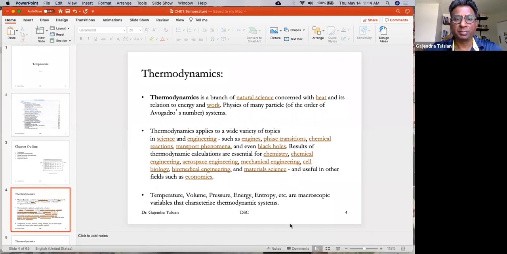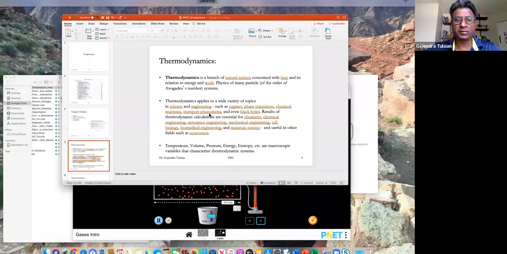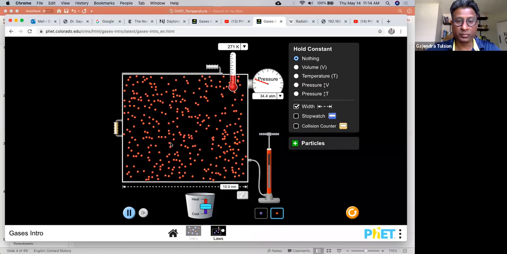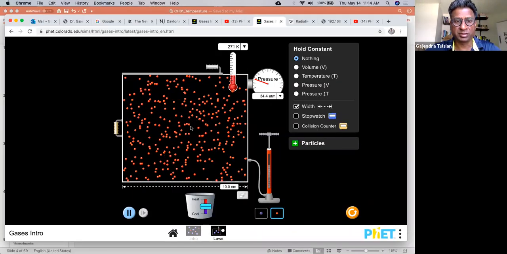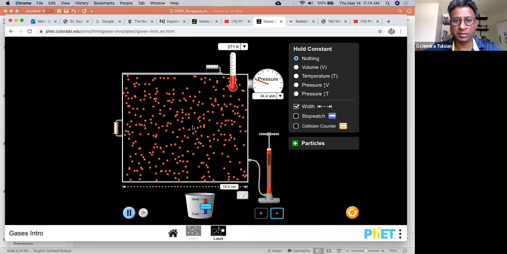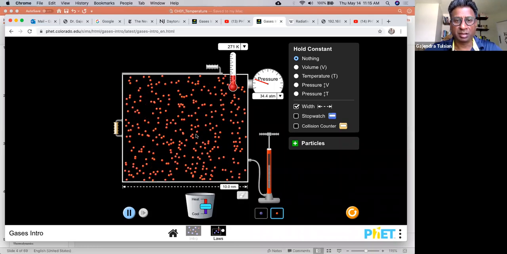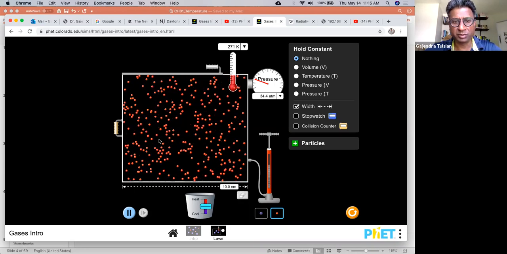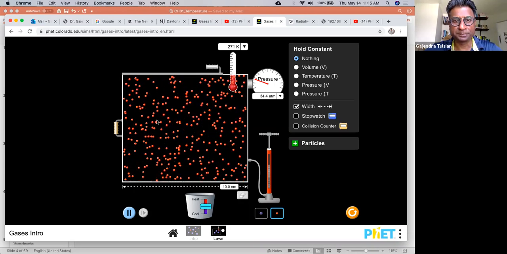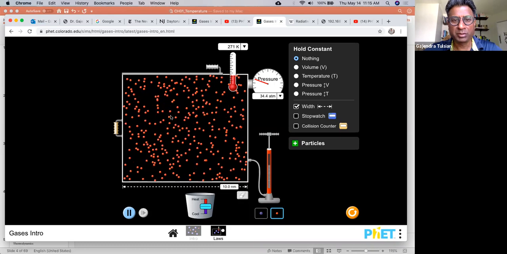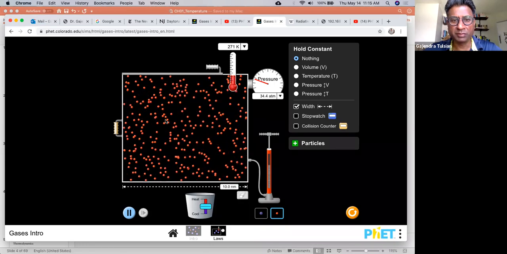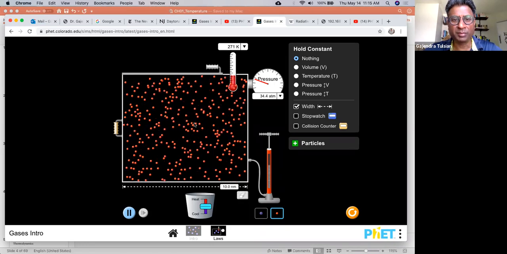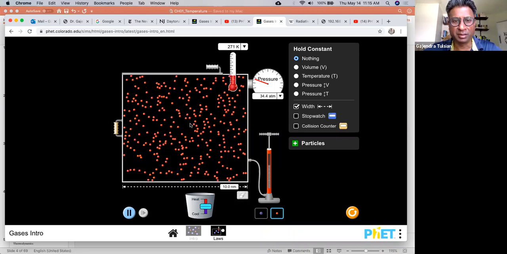Now here's the amazing part. The laws of thermodynamics apply to large particle systems. This is just a simulation, but imagine Avogadro's number is about 10 to the 24. That's a trillion particles. In principle, to completely describe this, if you knew the position and velocity of every particle, you could describe it in detail.